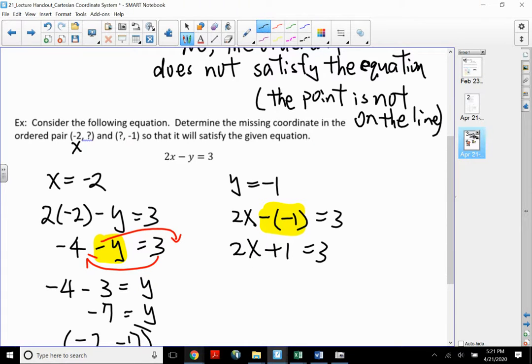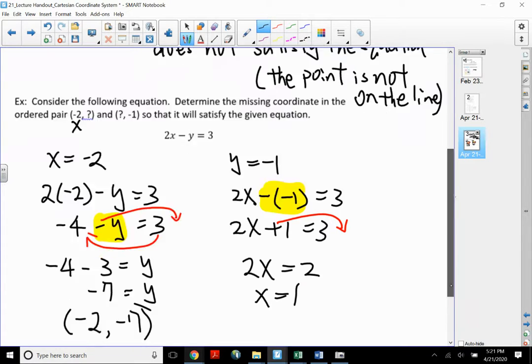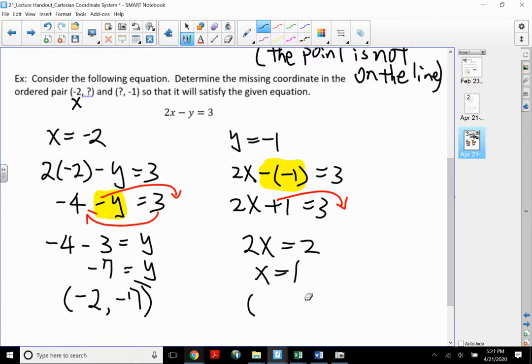Since my variable 2x is already positive, I'm going to move my positive 1 over to the other side, which becomes minus 1. So 3 minus 1 is 2. Divide both sides by 2, the coefficient. x equal to 1. All right, so it turns out when y is negative 1, x value is positive 1. So this point will satisfy this equation.